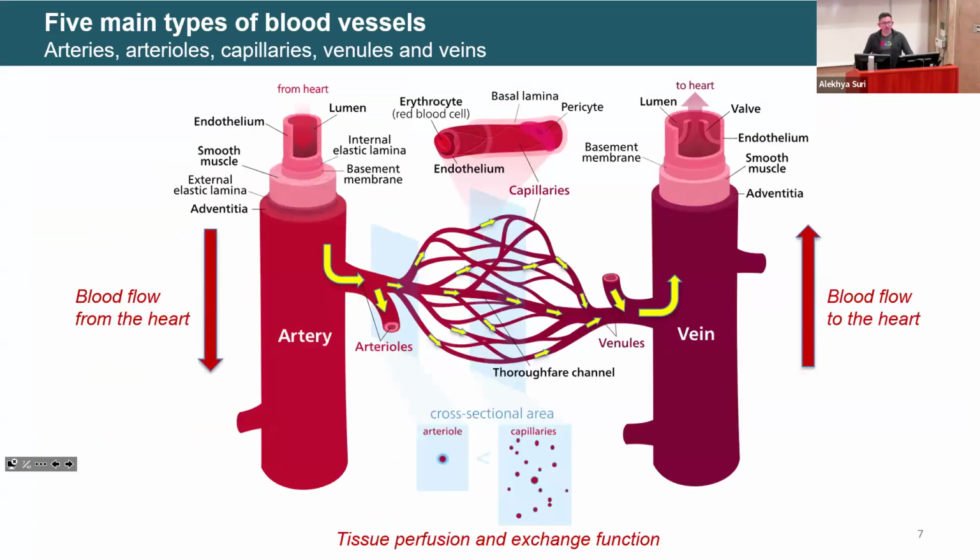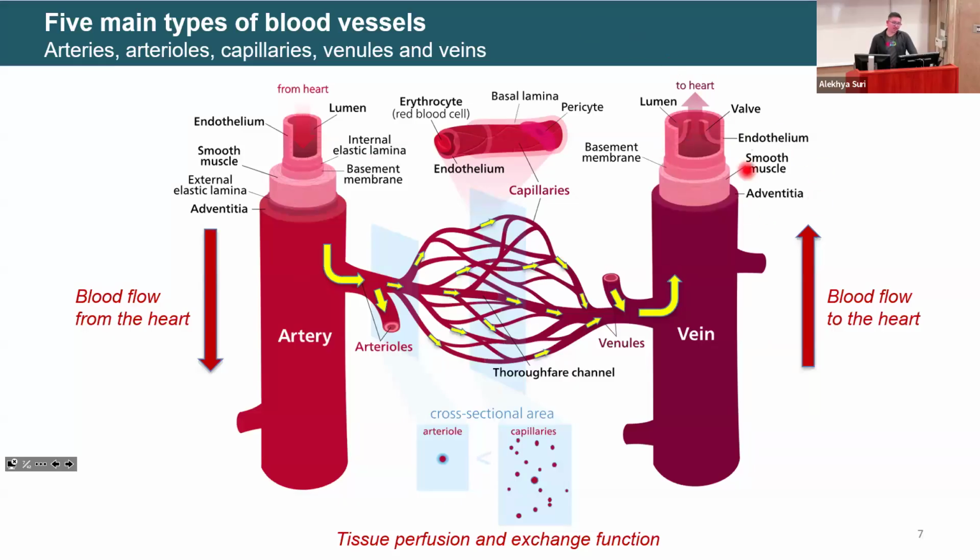Now, this is a sort of a figure that shows how these things are organized together, right? So you have arteries with all four tissue layers, right? So you have endothelium, you have the smooth muscle layer, you have the adventitia, which is the fibrous tissue, and then in this particular case, there is the elastic lamina.